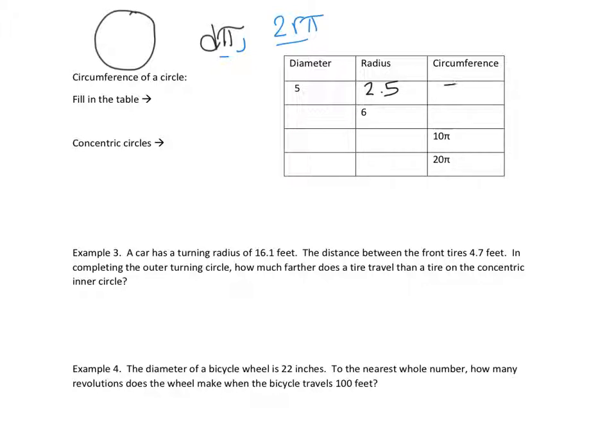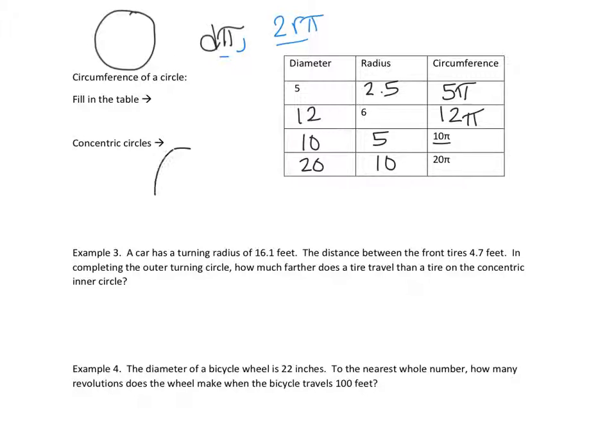So the circumference is 5 pi. If we know the radius is 6 and the diameter is 12, the circumference is 12 pi. If the circumference is 10, then 10 has to be the diameter and the radius is 5. And then 20 pi, this would be 20 and this would be 10.